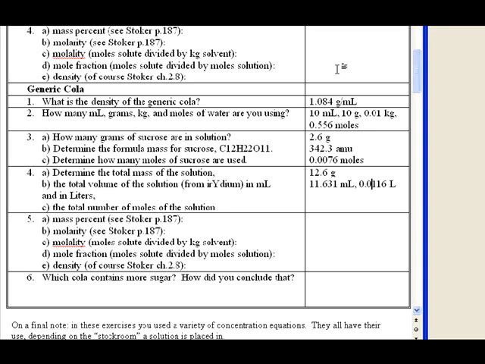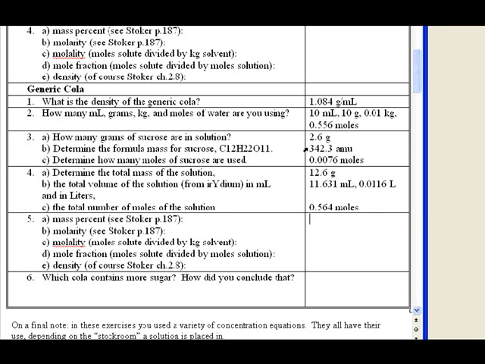Oops, it should be 0.0116 liters. The total number of moles of the solution, well, that's adding the number of moles for water and the number of moles for sucrose. So 0.556 plus 0.0076, probably leave 3 significant figures, and I come up with 0.564 moles.